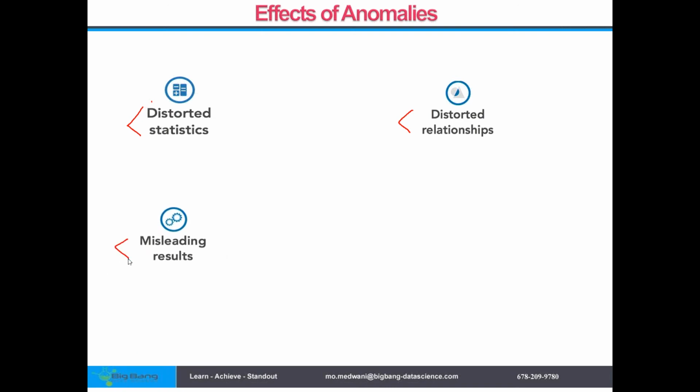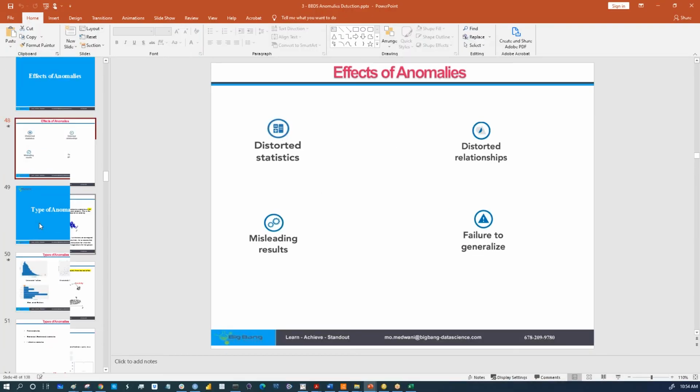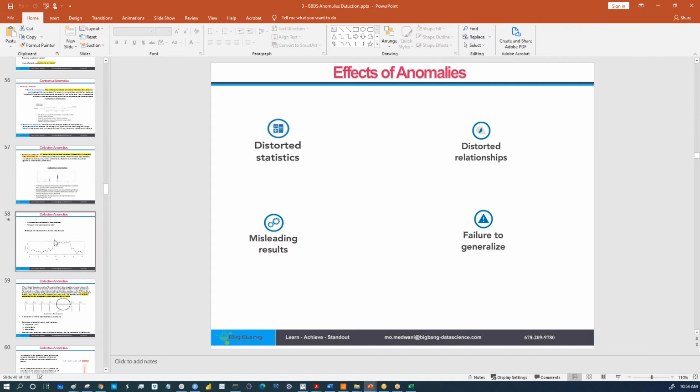It could mislead the result, and you might not be able to generalize well. Those are some of the possible reasons why we have to handle outliers.